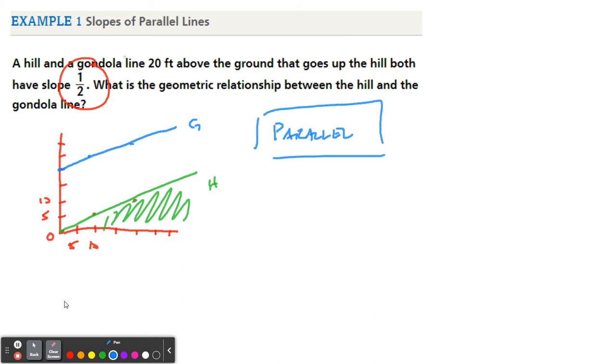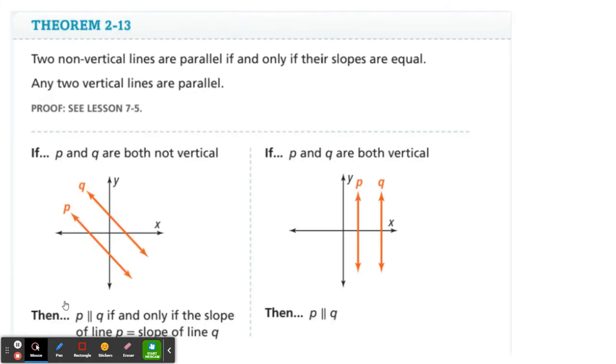So this was to prove the point that if two line segments have the same slope, then they're going to be parallel to each other. All right, so here is our major slide about that.